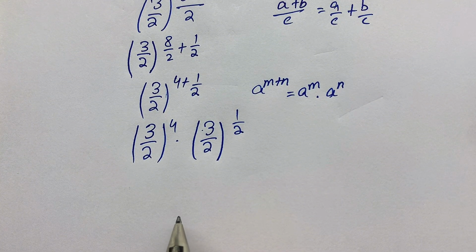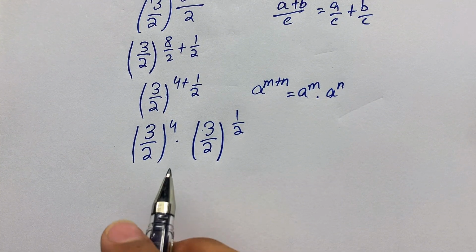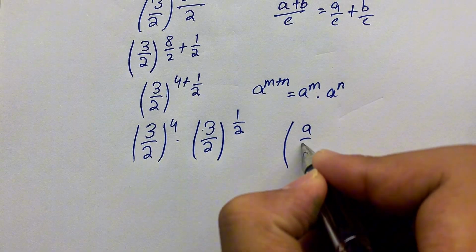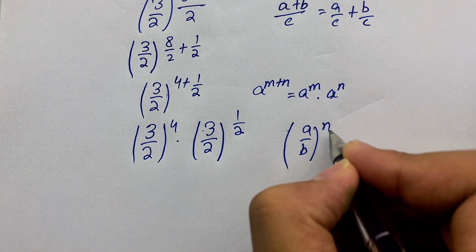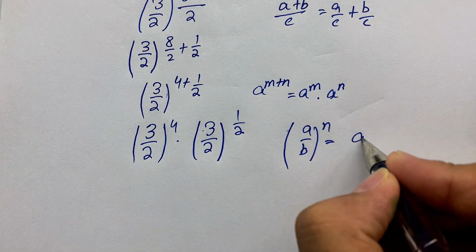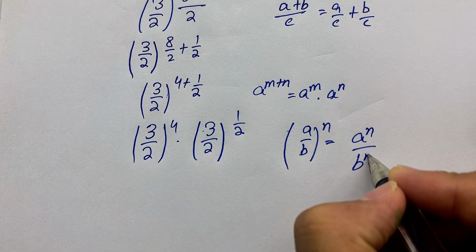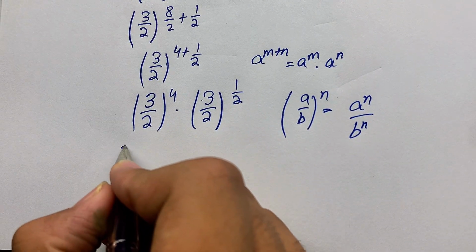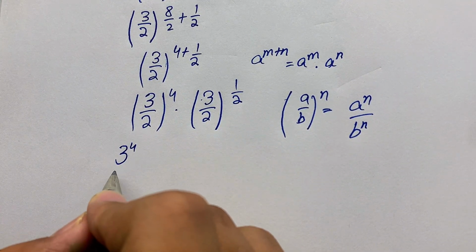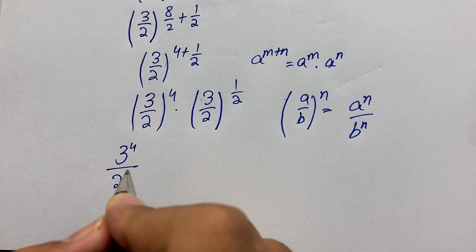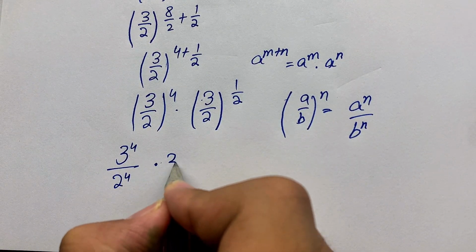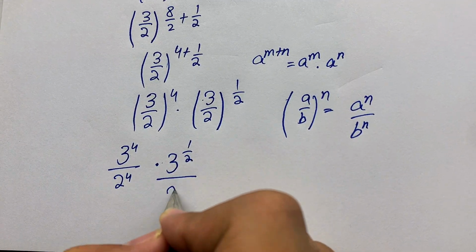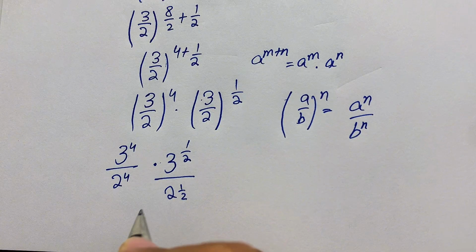So in next step, we are using this formula: (a/b)^n is equal to a^n divided by b^n. We use this formula: 3^4 divided by 2^4 times 3^(1/2) divided by 2^(1/2).